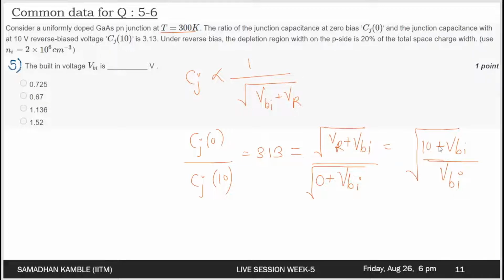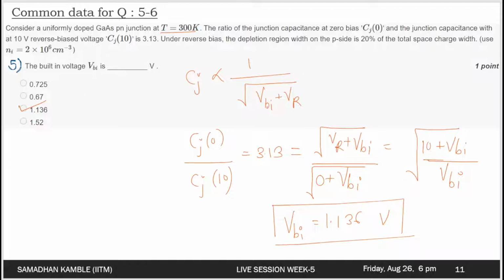So it is a simple calculation now. If you just calculate it, we will get the value of built-in potential V built-in as 1.136 volt. So just using the fact that the junction capacitance varies inversely with the square root of the built-in potential and the applied reverse bias voltage, we calculated the built-in potential.